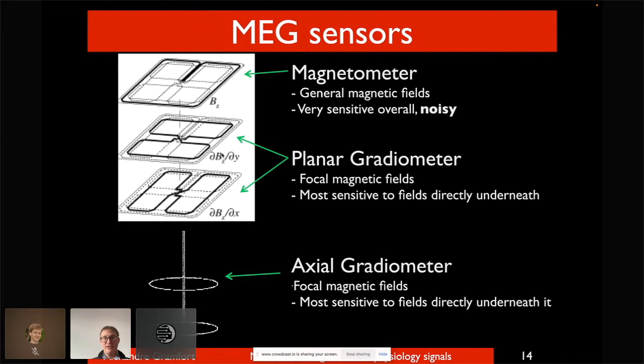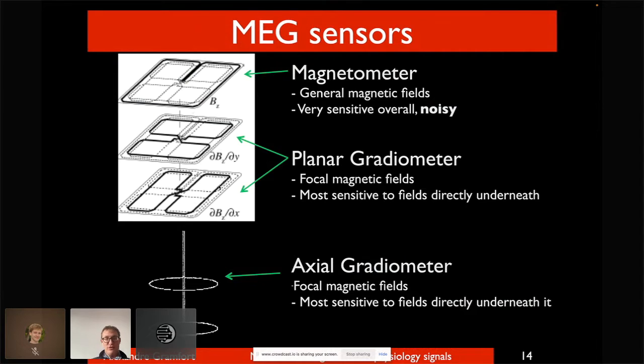That gives you the derivative of the field perpendicular to the square here. And by measuring this field here minus here, you measure the derivative of the Bz vector field with respect to the y direction. And then you can do the same thing for x. So on the data that we'll play with later, you have 3 time courses that you obtain, 1 from magnetometers and 2 from planar gradiometers.